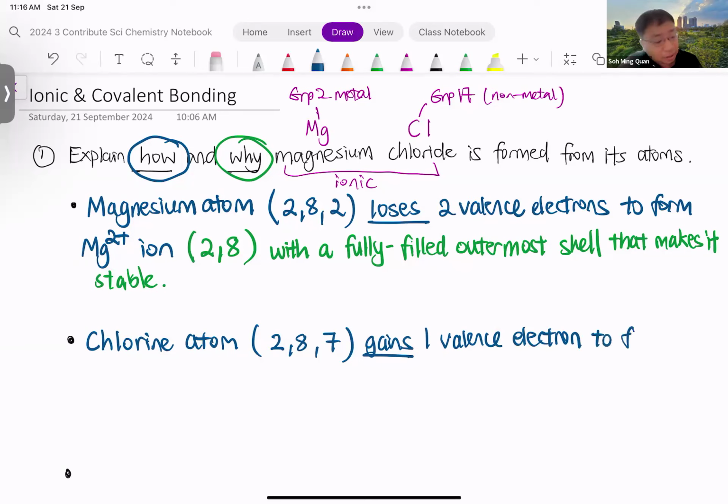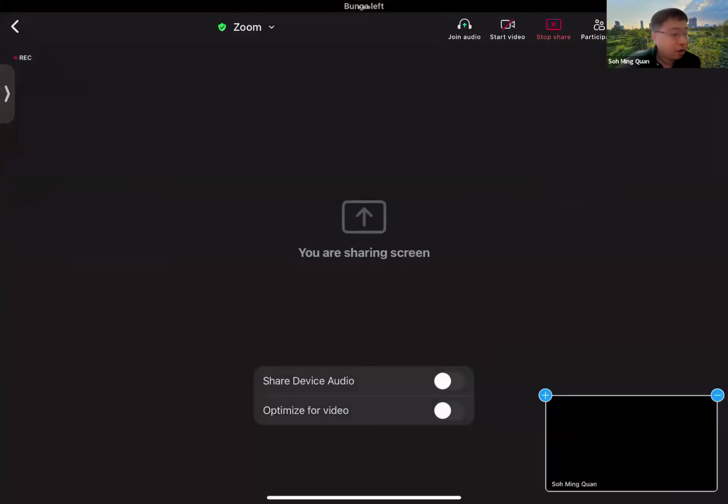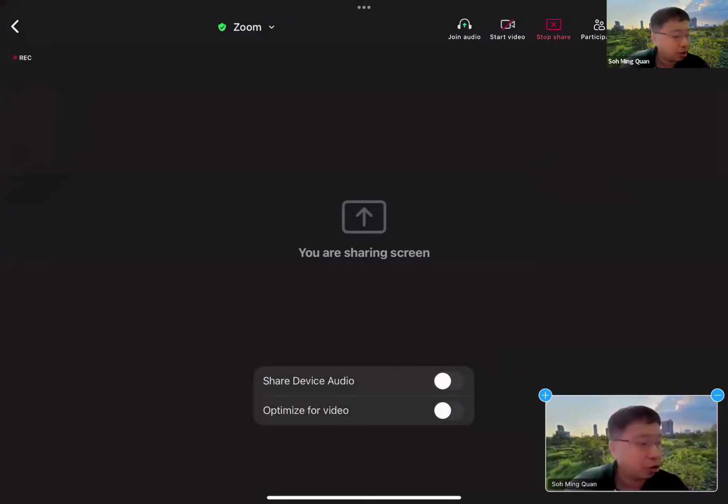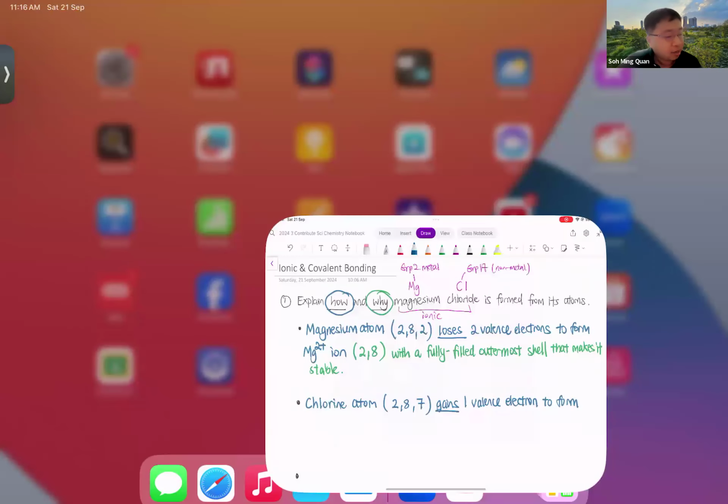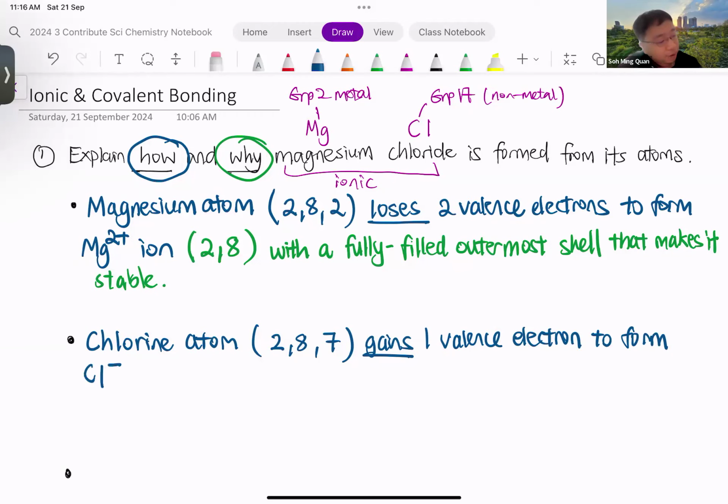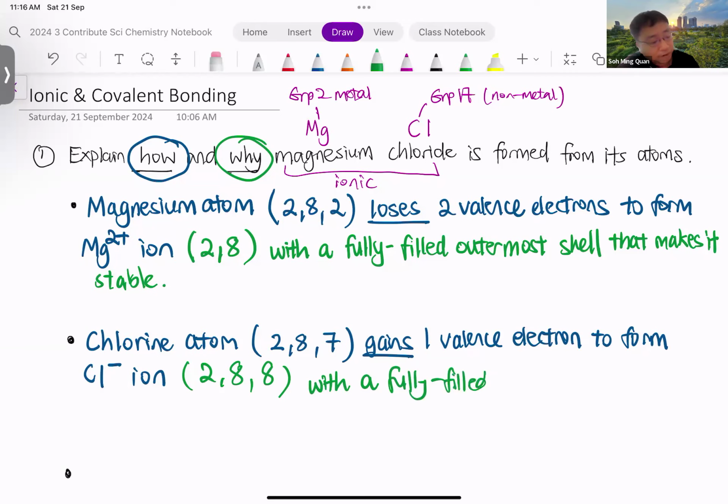Now, you are gaining negative electrons, so you must take note that it forms a negative ion. So it's a Cl minus ion. From 2, 8, 7, you gain 1 electron, it becomes 2, 8, 8. The reasoning is the same: it will gain 1 valence electron so that you achieve a fully filled outermost shell, which makes it stable.